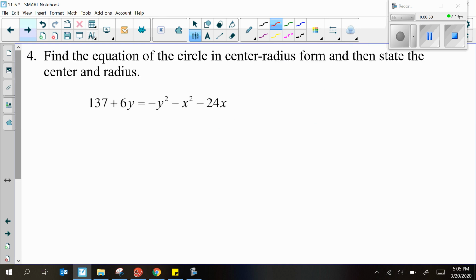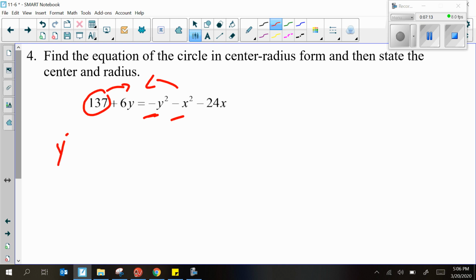All right, last one. Find the equation of the circle in center radius form, then state the center and the radius. So doing the exact same thing. So I'm making it a little trickier. I don't want this negative y squared, this negative x squared. I want them to be positive. So I'm going to move everything to the left and move this constant to the right.